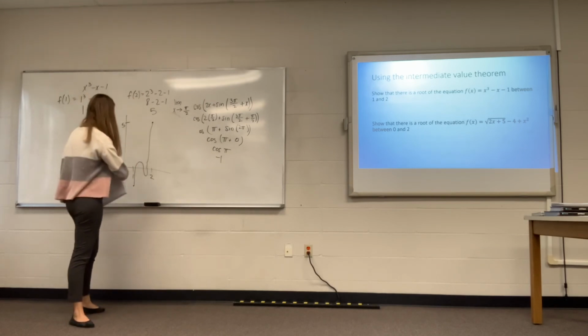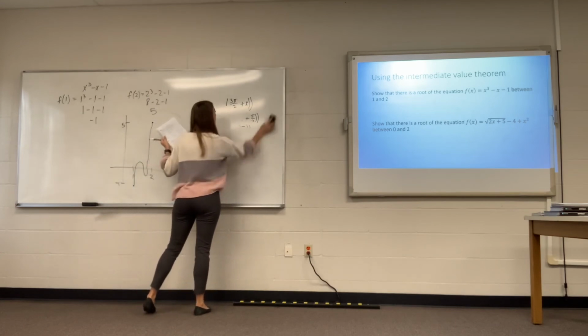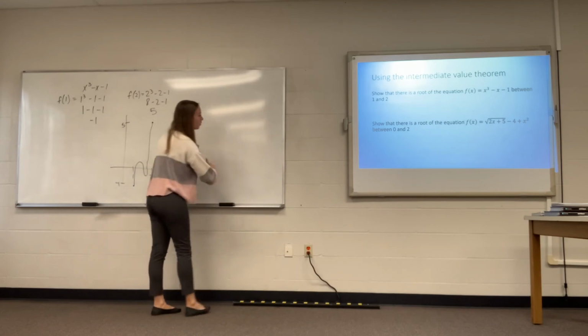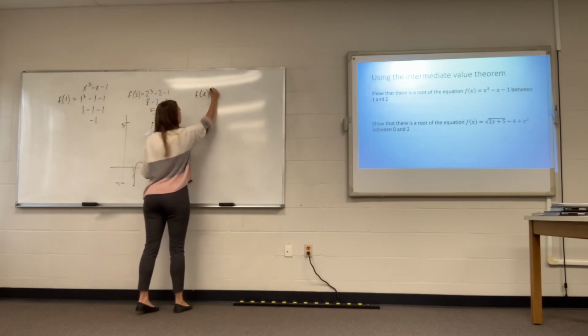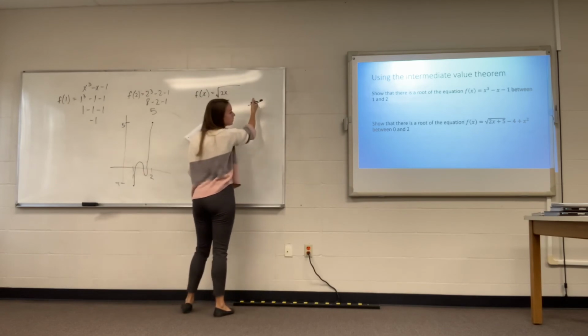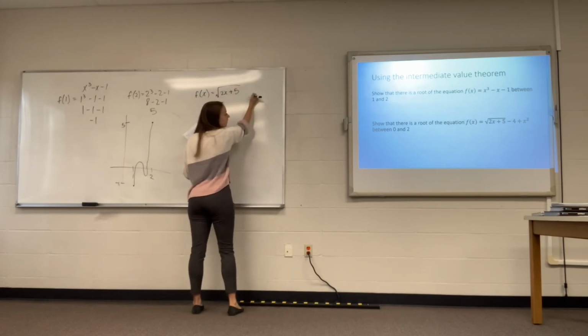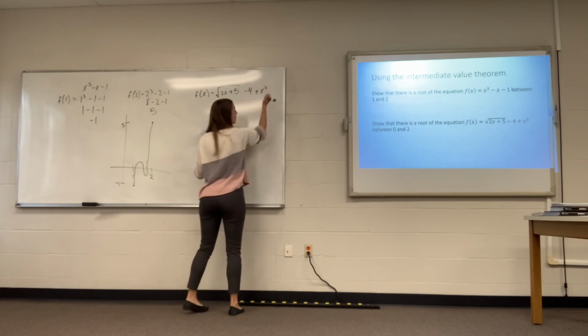Okay, so let's do the same thing with this other one. This time I have the equation f of x is equal to the square root of 2x plus 5, minus 4 plus x squared.